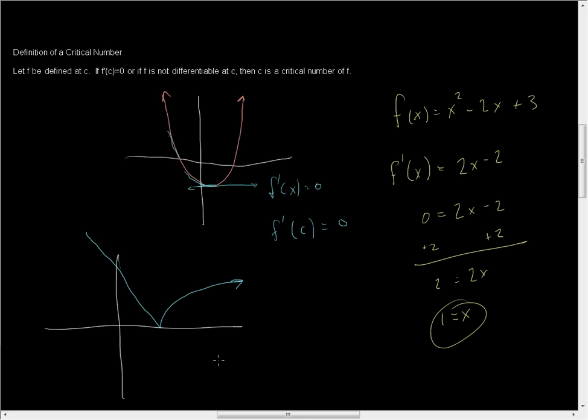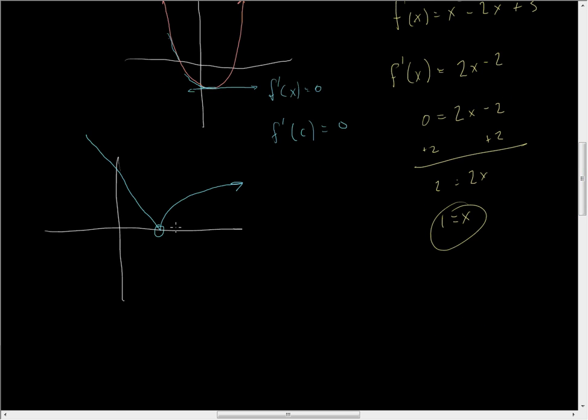We've learned that in absolute values, that cusp is a point where no derivative exists because the one-sided limits don't agree. One-sided limit is negative, one-sided limit is positive. So this is not differentiable, which means it's a critical point. That's something we have to look at.